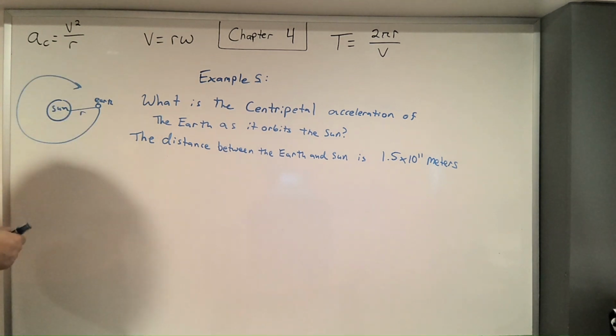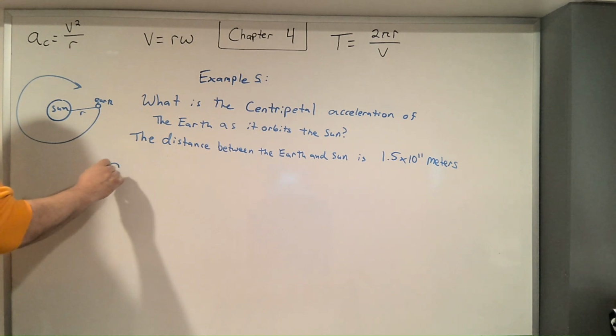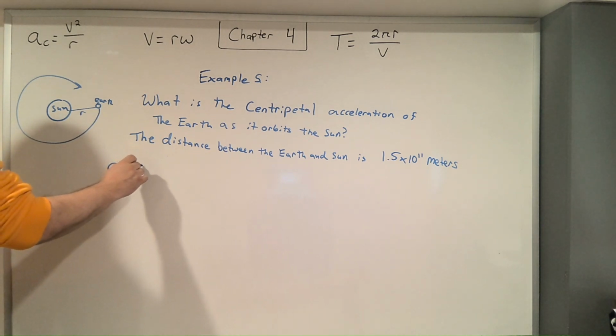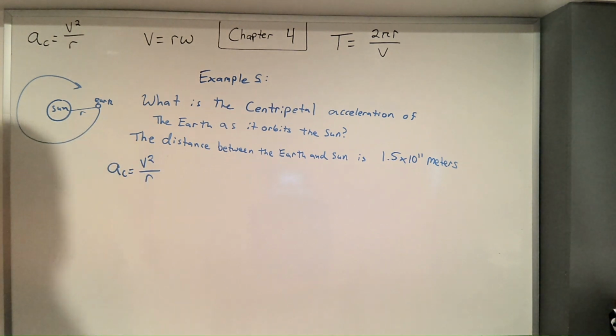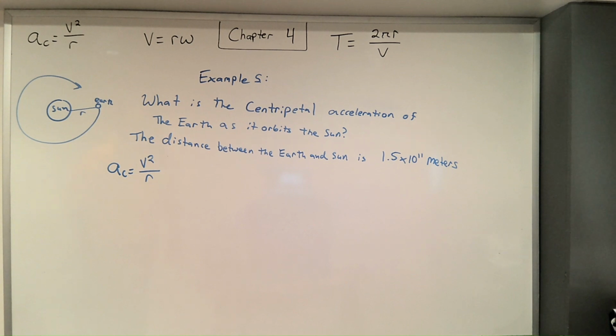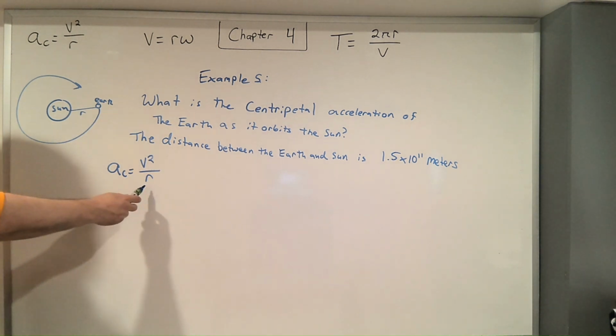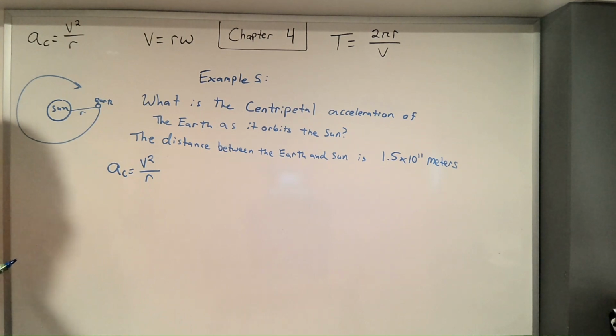The centripetal acceleration is v squared over r. We have a couple of different ways of getting there, depending on how we do this. I do know the radius given in the problem, 1.5 times 10 to the 11th. So all I need to do is find v.